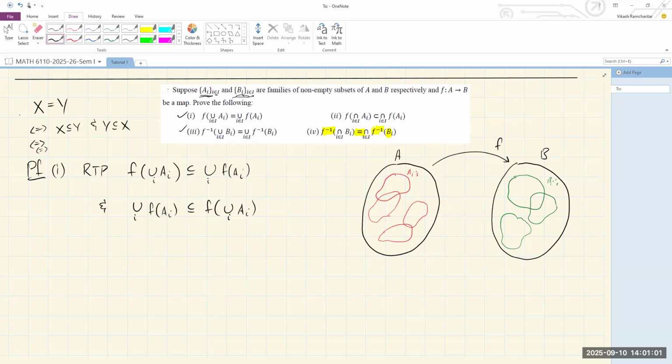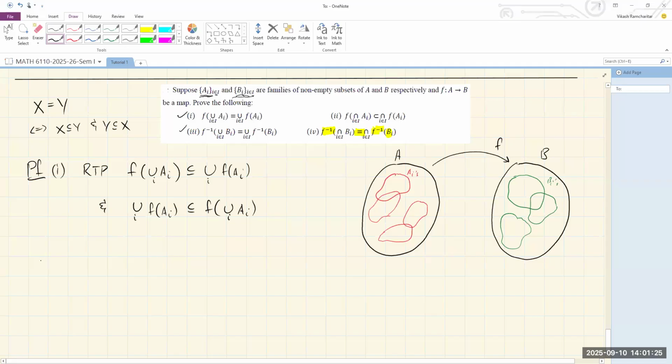But since we're going through these proofs not to be efficient, but to understand how these functions work over unions and how preimages work over unions and intersections, I'll break it up into two pieces.